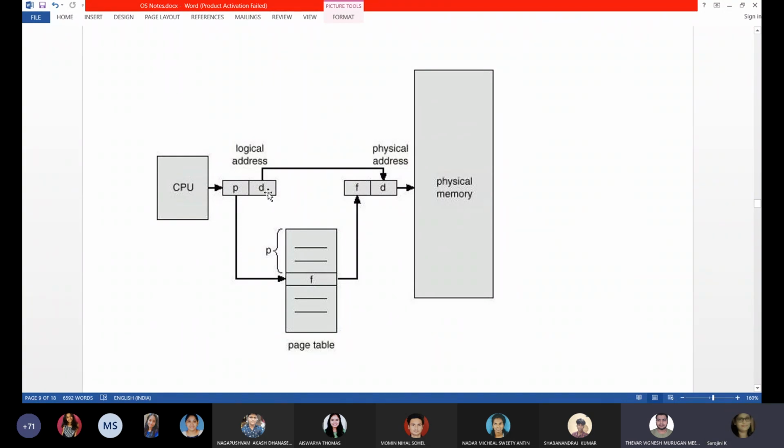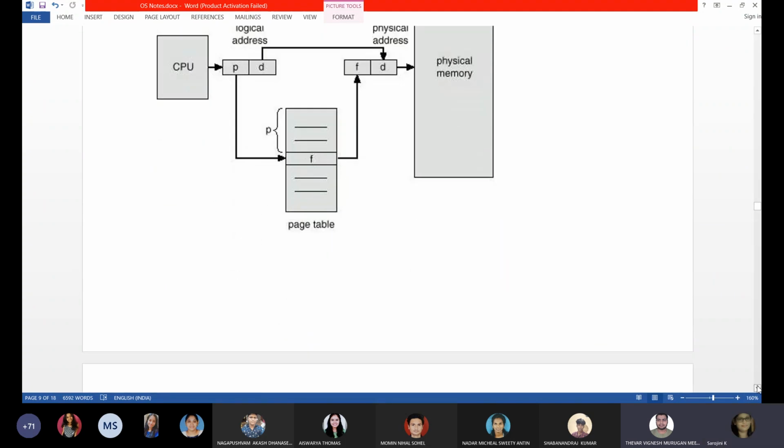Of course, the frame number will vary, but the offset will not vary, because we are storing the same data here. This is the same 4 KB data in a different frame. So here first byte, here also first byte. Here second byte, here also second byte. Remember.